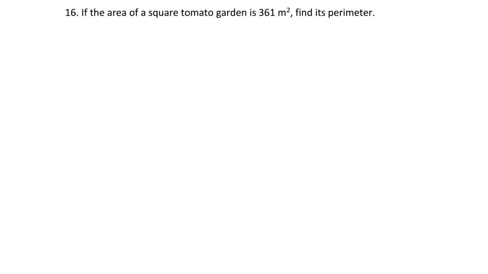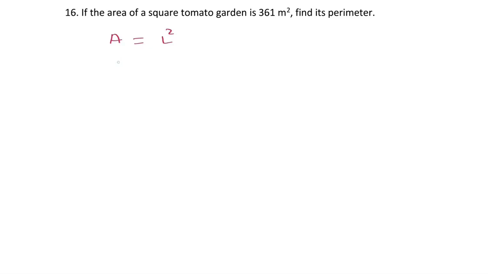Question number 16. If the area of a square tomato garden is 361 meters squared, find its perimeter. Okay, so for this one, first we are going to find the length. We have to recall the formula for the area of a square, which equals length squared. Let us substitute the given value.